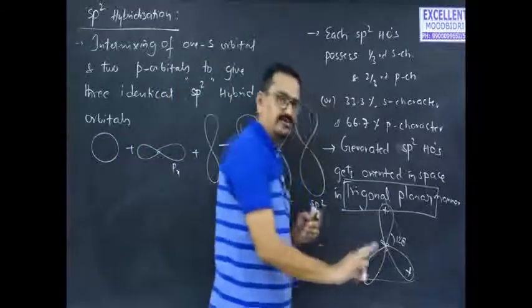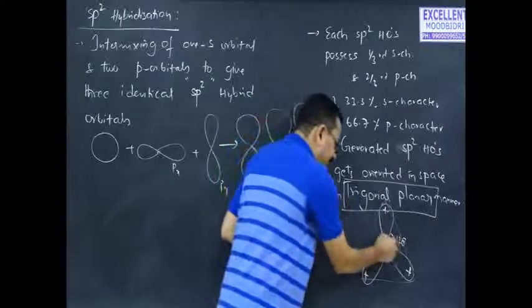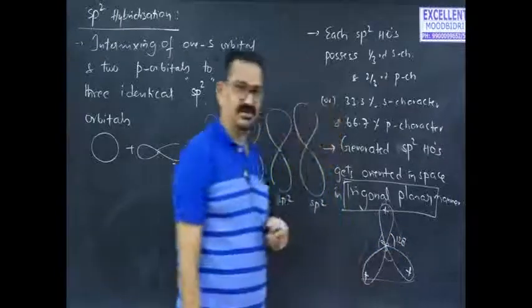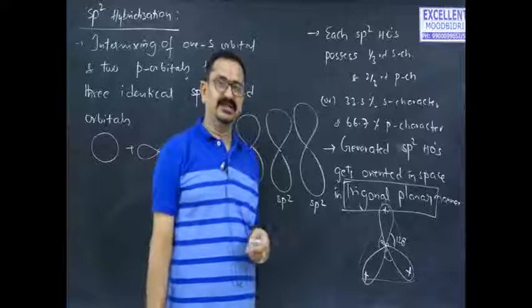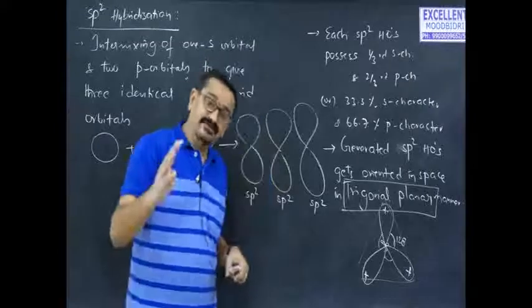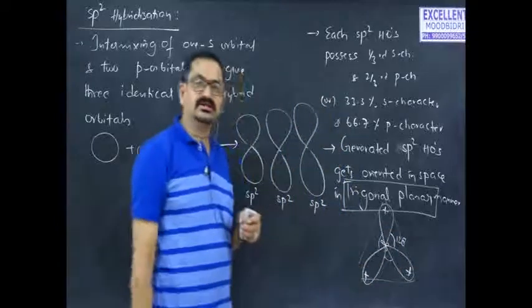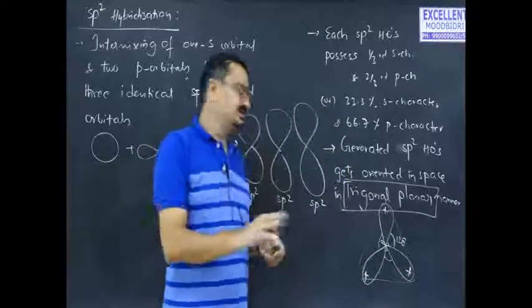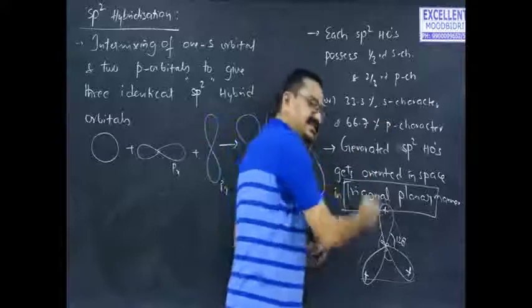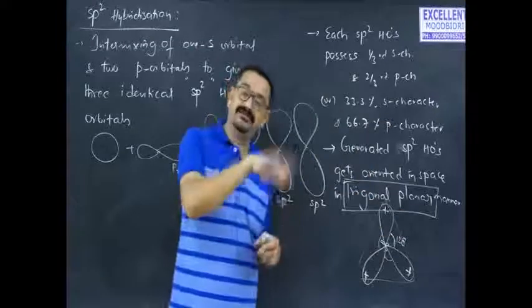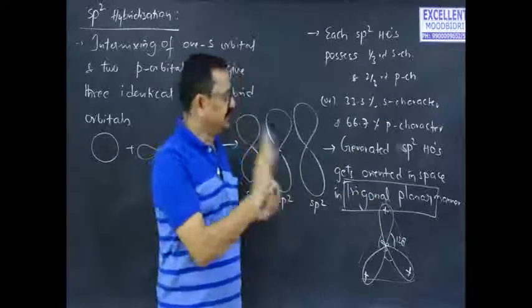Notice they didn't form any bonds so far. The angle between any two such sp2 hybrid orbitals will be 120 degrees. If all three sp2 hybrid orbitals have unpaired electrons and all three are forming bonds in the same direction, the final obtained structure is also said to be trigonal planar.